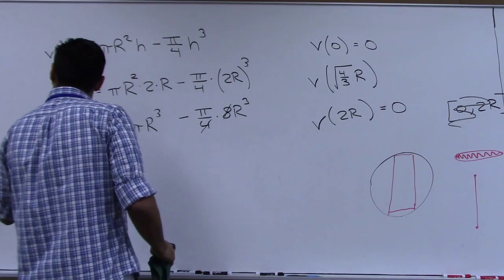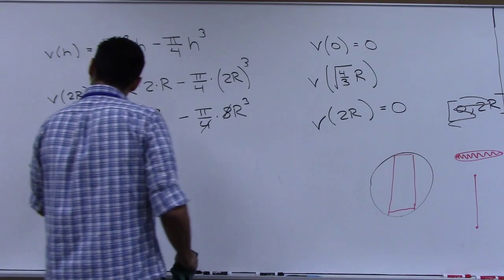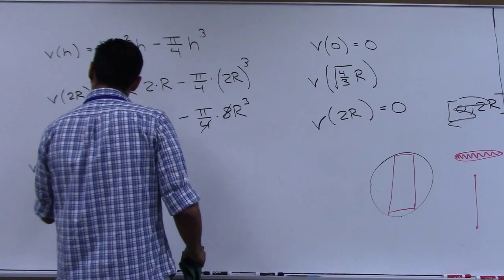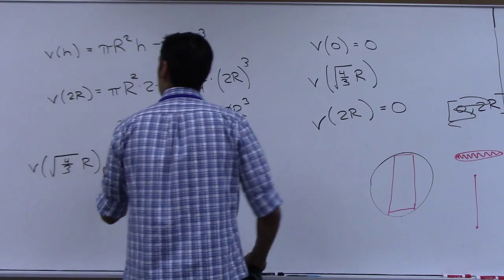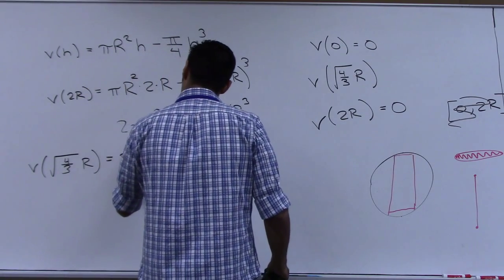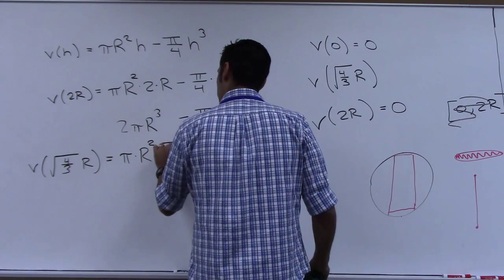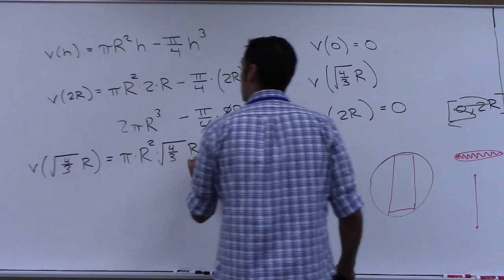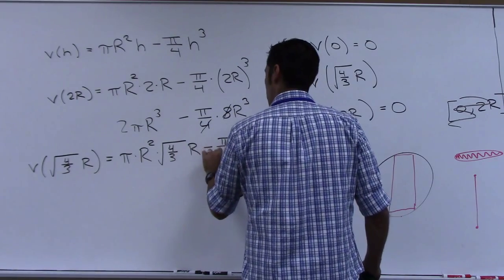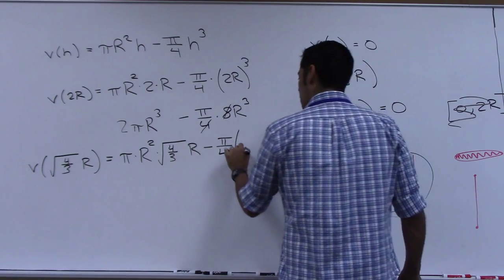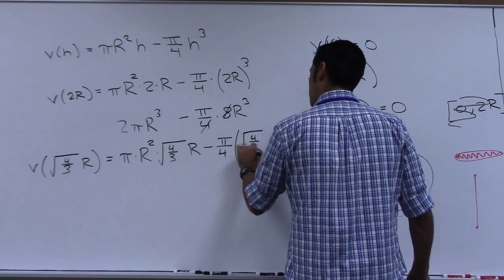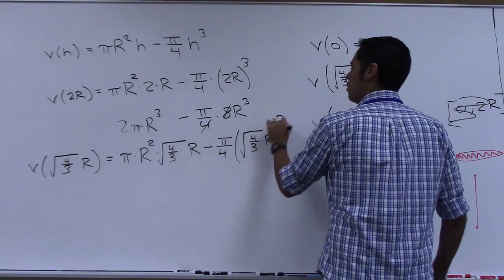So I've got to plug that in. V of root 4/3 r is pi times capital R squared times h. H is root 4/3 times capital R, minus pi over 4 times root 4/3 r cubed.